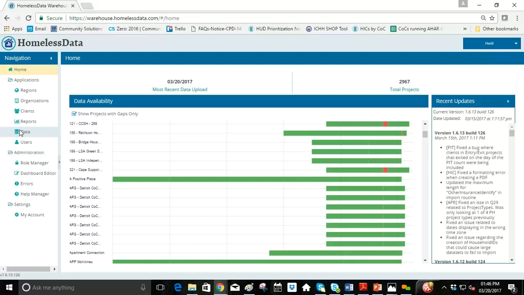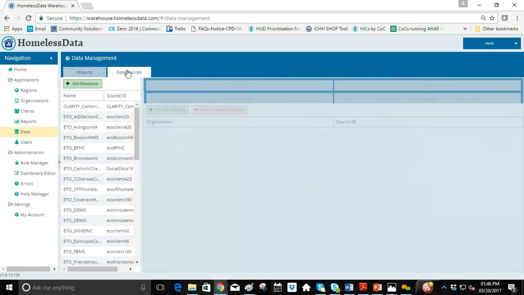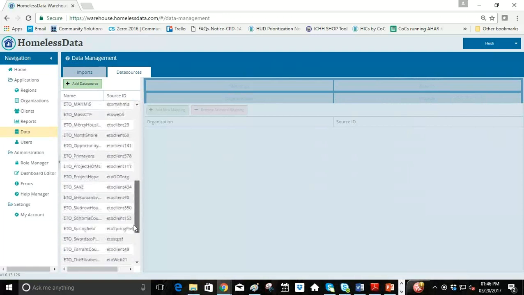So from here, just a little overview around how that data comes in. Many of you know this already. HomelessData is organized at the data source level, at the organization level, and at a project level as well.